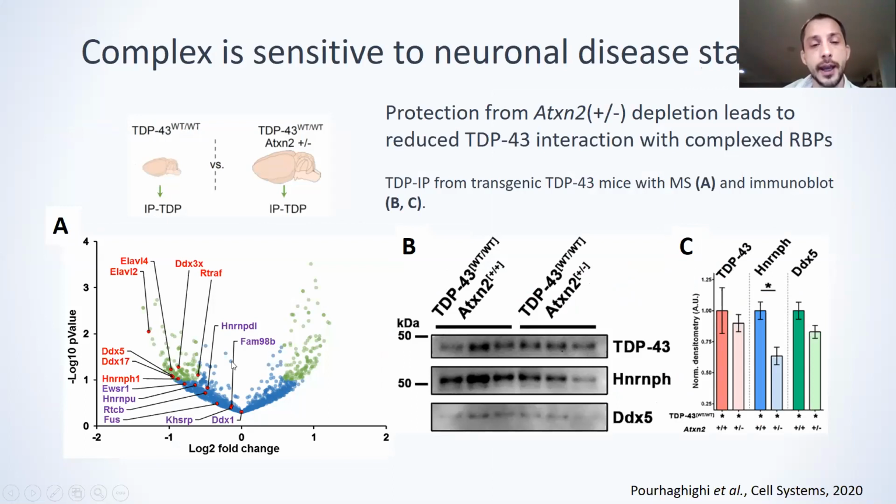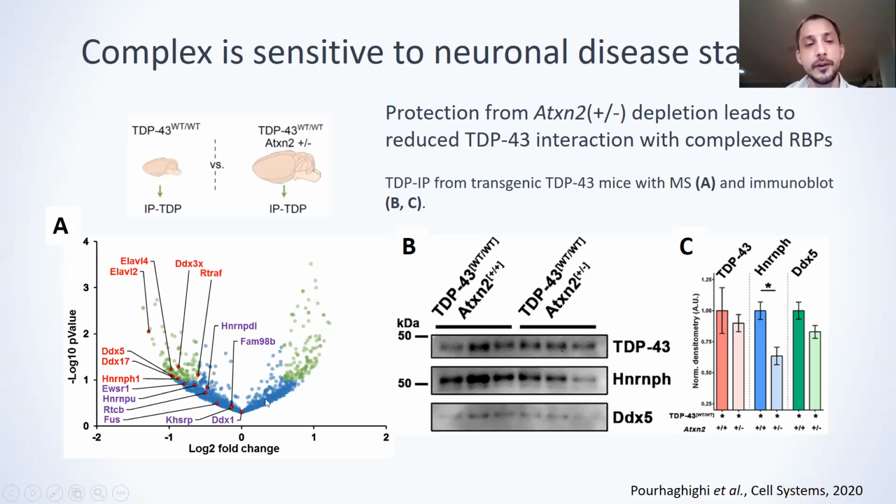And then this is a volcano plot of proteins associated with TDP43 detected by quantitative mass spec. Anything on the left shows reduced interaction with TDP43 in the protected ataxin-2 knockout or knockdown mice. Anything on the right shows increased association with TDP43 in the ataxin-2 protected mice.